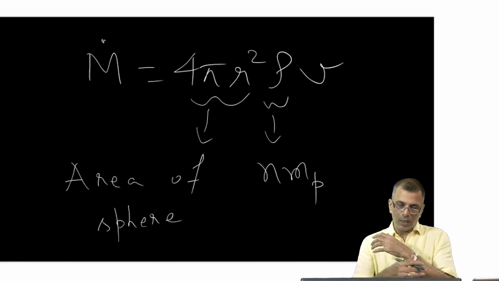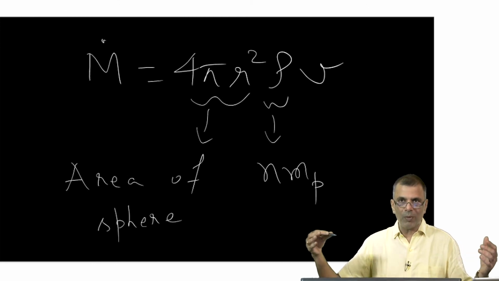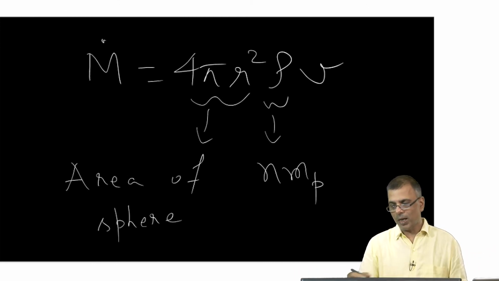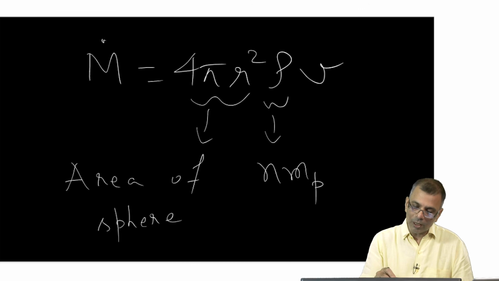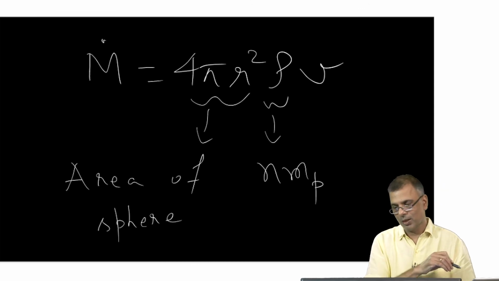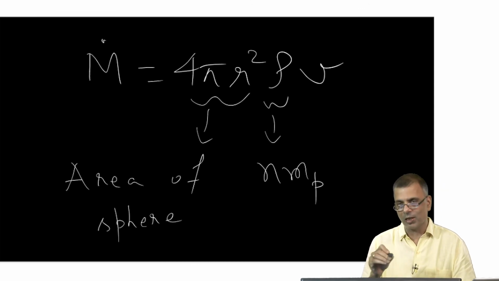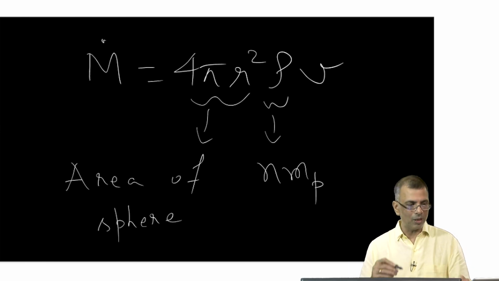Okay, so as matter falls in, matter gains speed, matter becomes less dense, so on and so forth. However, this whole thing remains constant. So as it gains speed, it becomes less dense, and this also decreases.